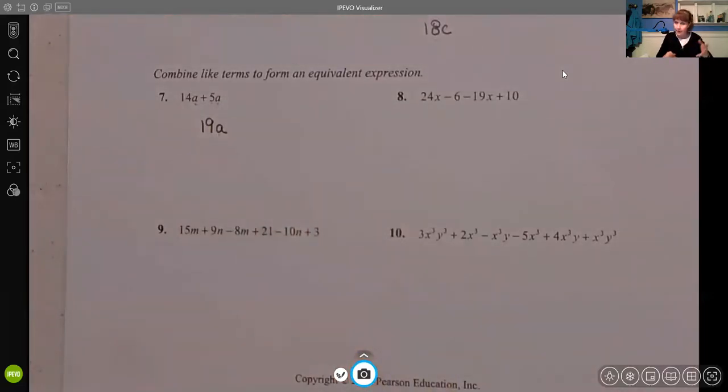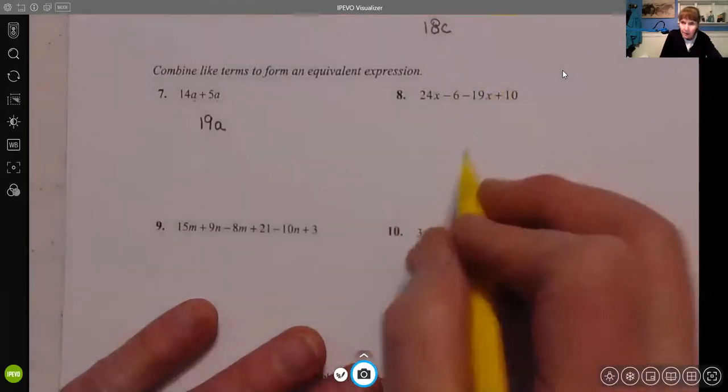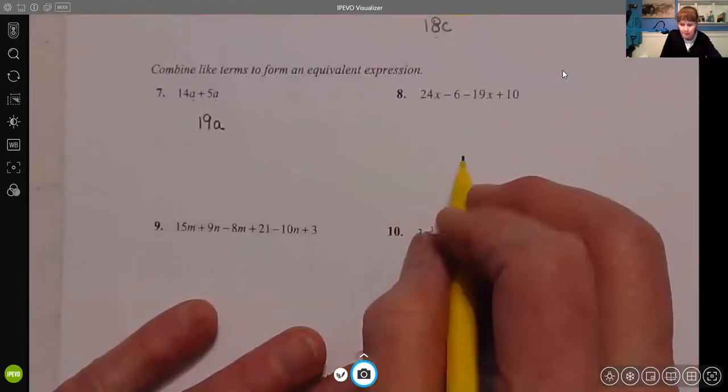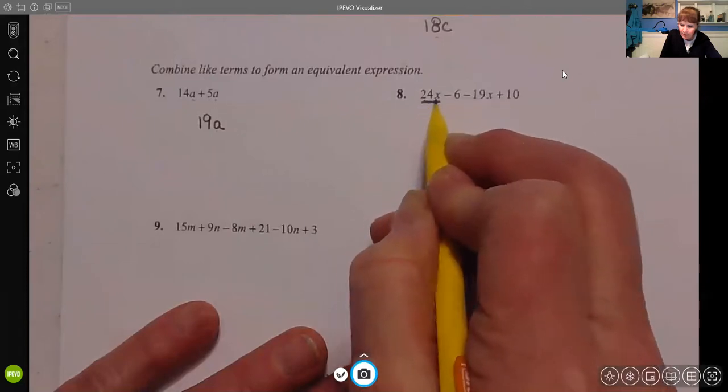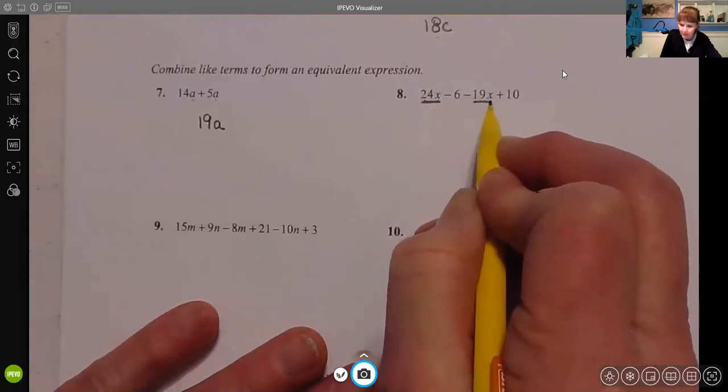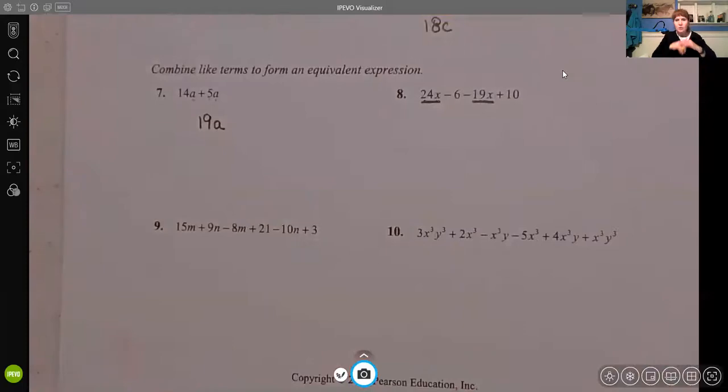All right, let's look at number 8. Here, the like terms. Let's start with our variable. This variable matches this variable here. So those two terms are like terms because they have the same x to the first.